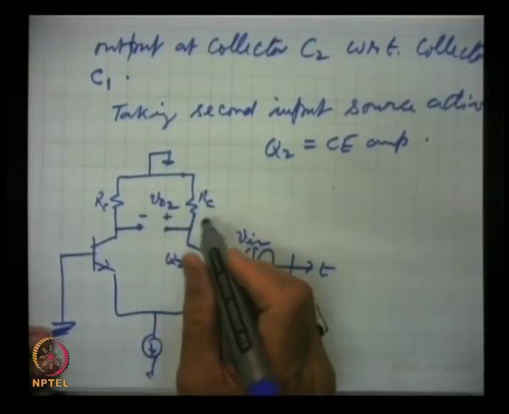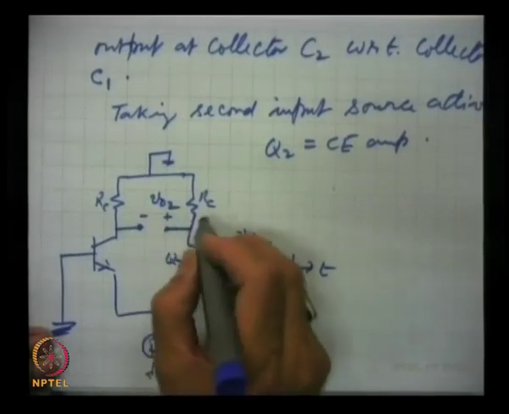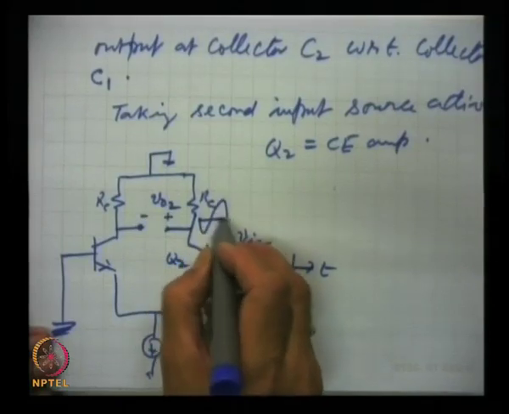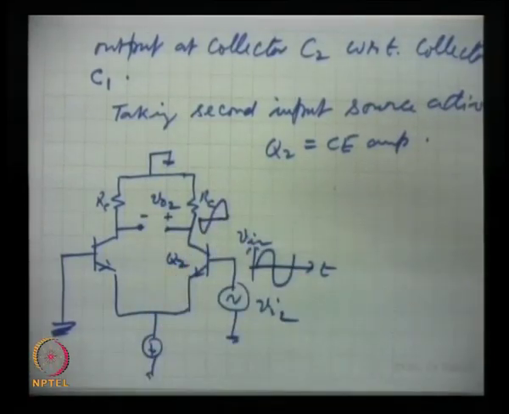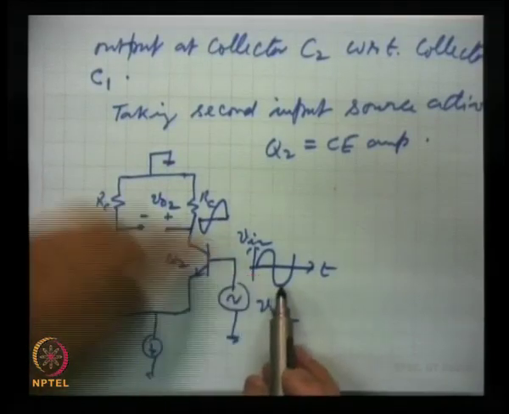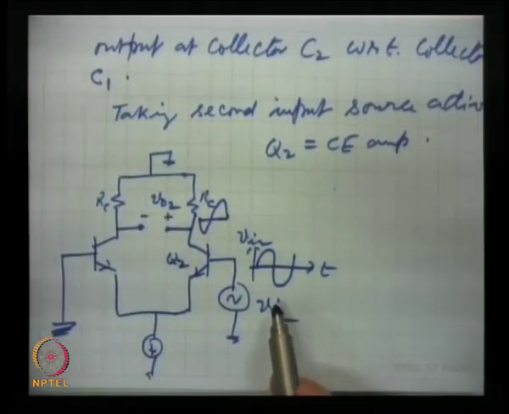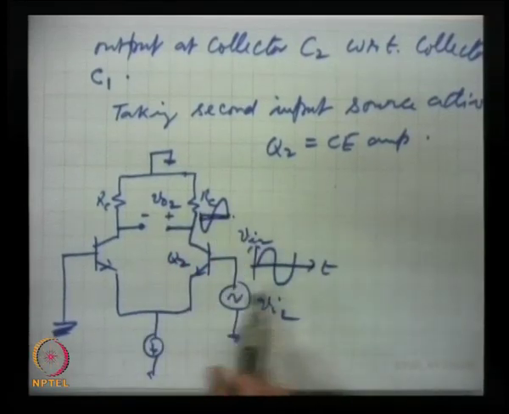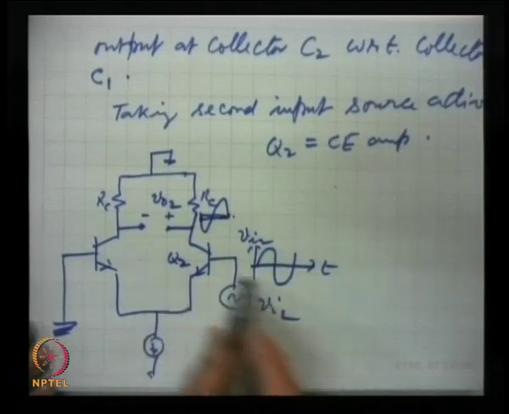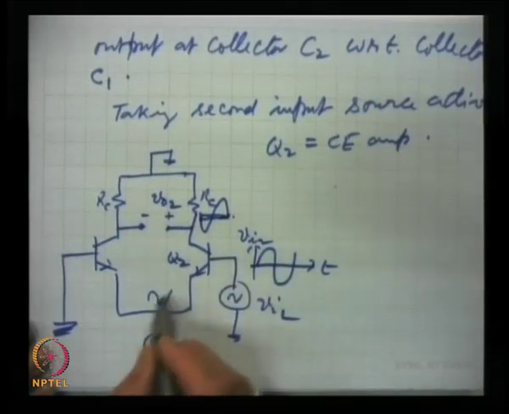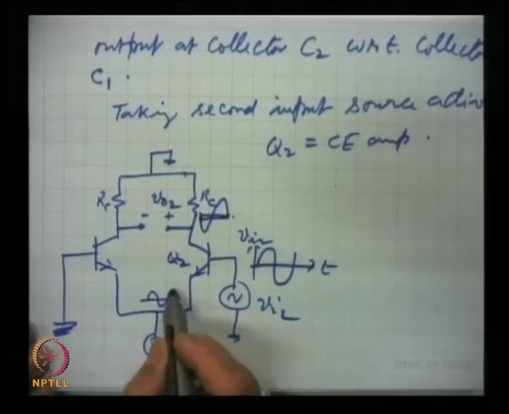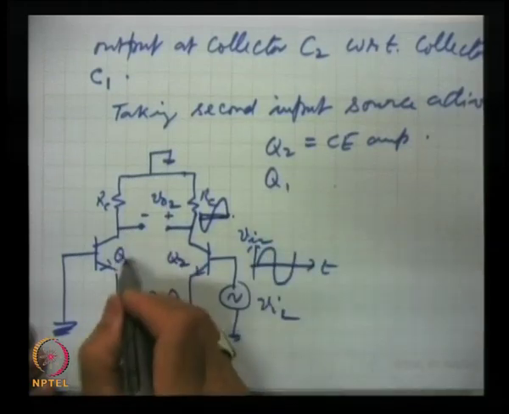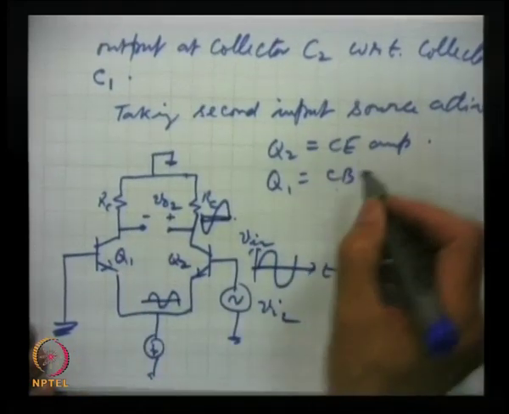The output will be inverted, just a phase of pi will appear at the output, and this signal goes here, and now Q1 will be a CB amplifier.